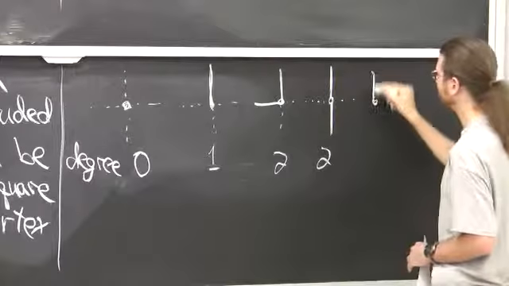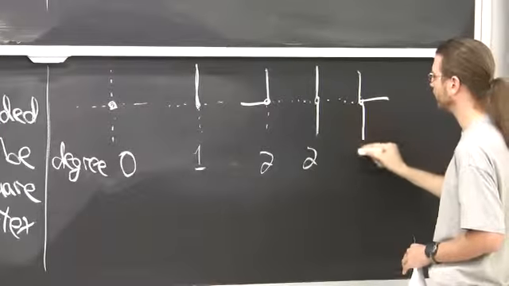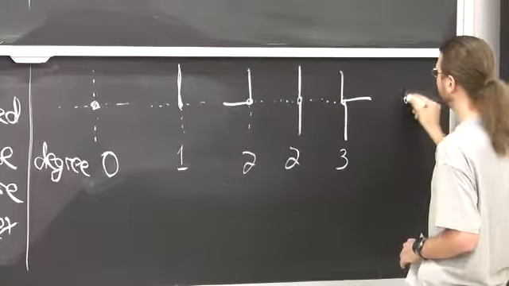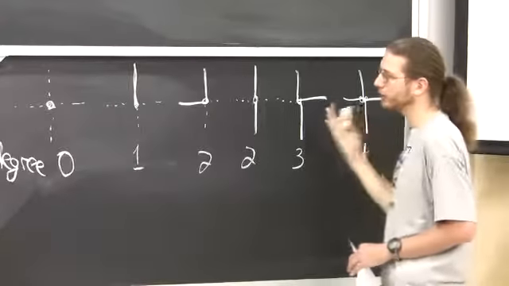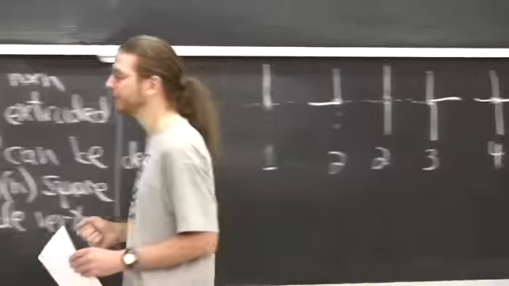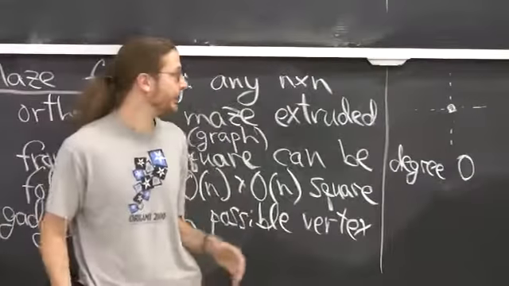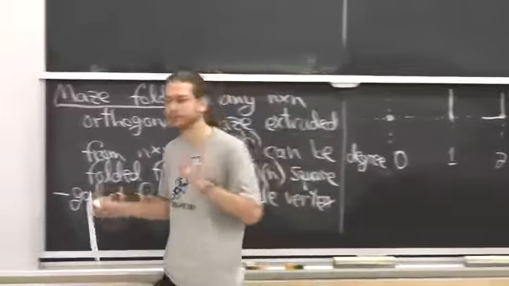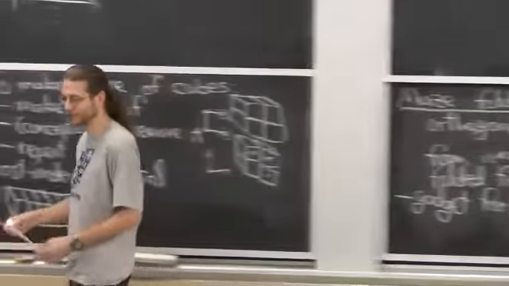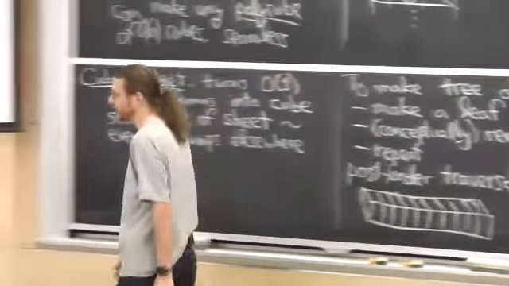You could have three incident edges, or you could have four incident edges. So that's all the possible vertices in our orthogonal graph. And we're just going to make a crease pattern, a folding, for each one of these, and then just combine them together. Now, it takes a lot of care in designing those patterns so that they actually fit together.